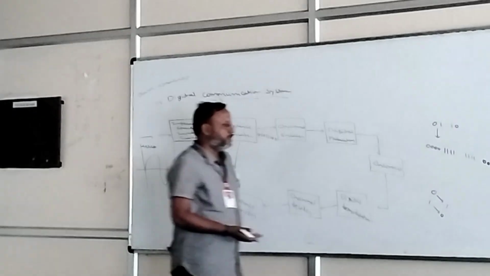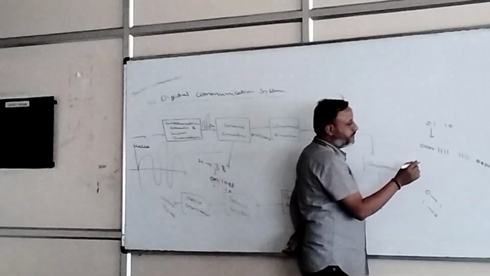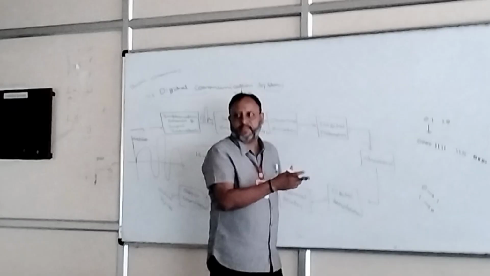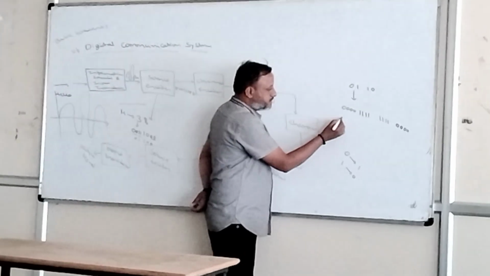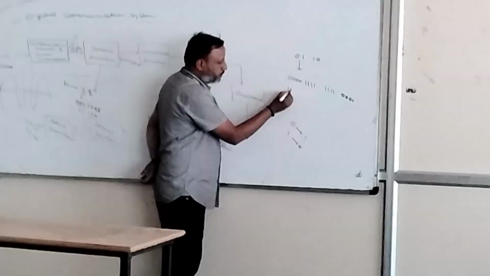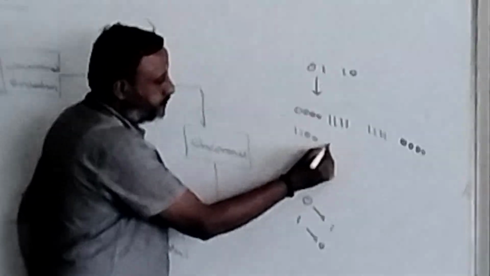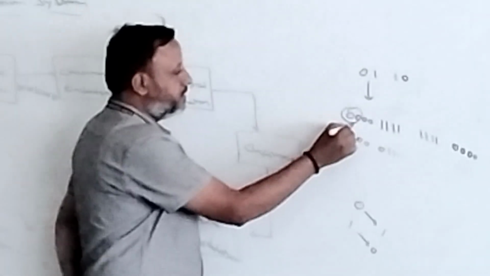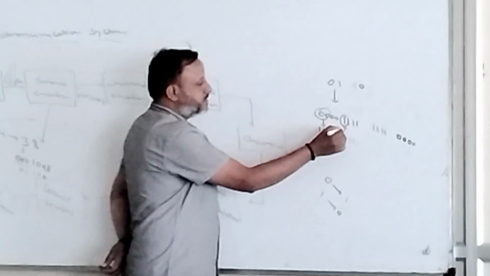So if because of noise, one or two bits are affected, what happens? Now this 0000 becomes 1100, and 0111 changes as well.